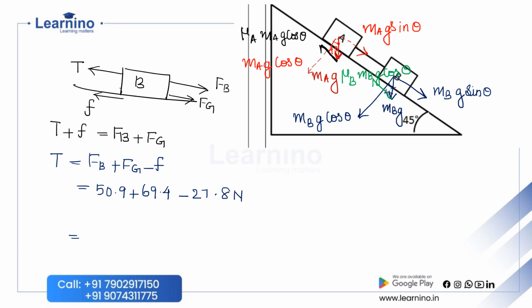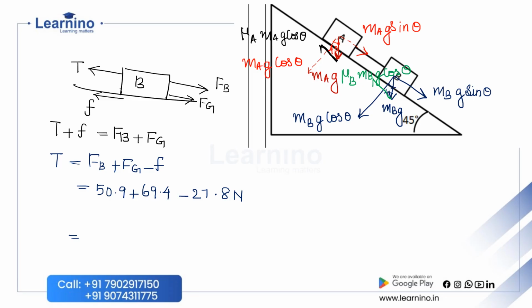So we need to calculate this. 50.9 is the force due to acceleration plus the force due to gravitation, gravitational force is 69.4.